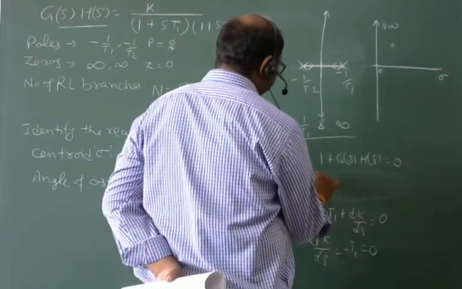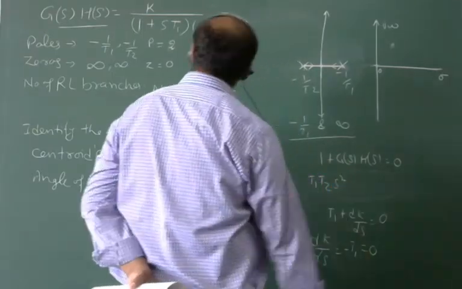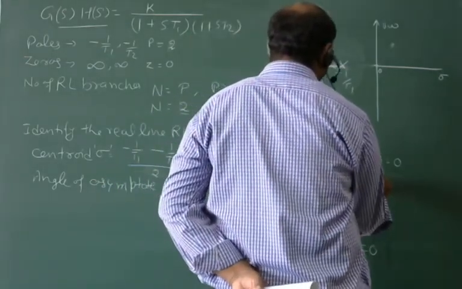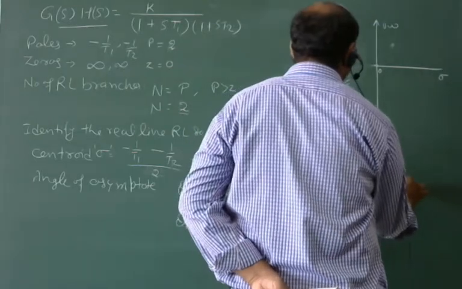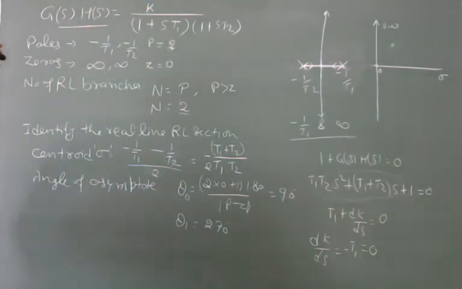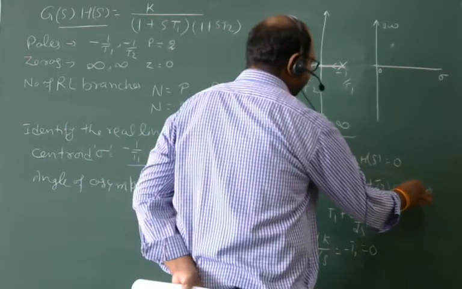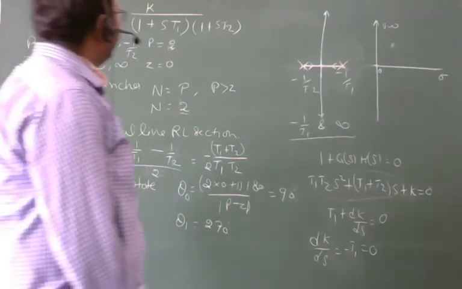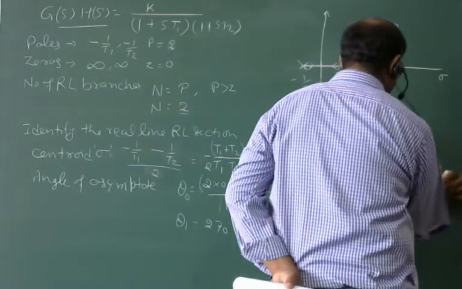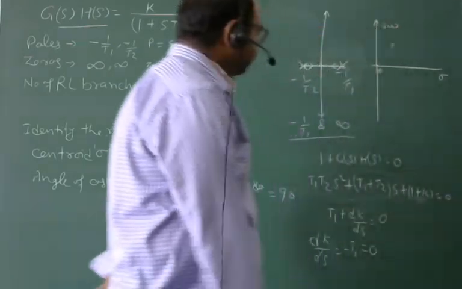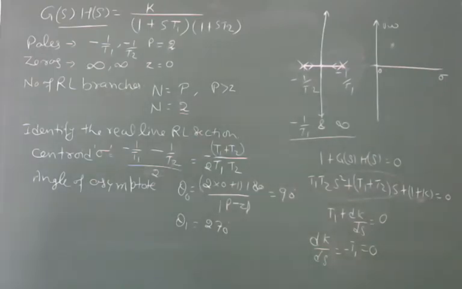T1 T2 S square plus T1 plus T2 S plus 1 plus K is equal to 0, right?